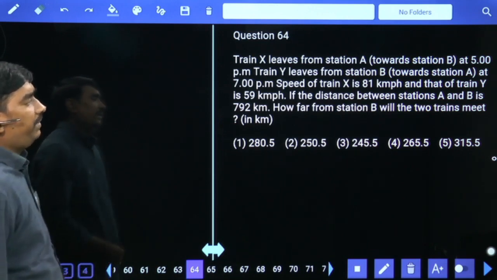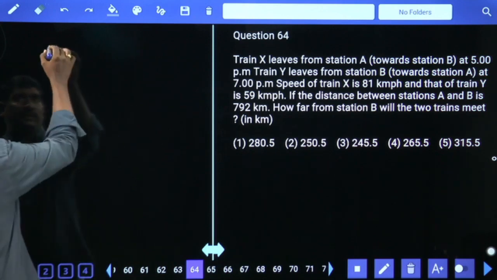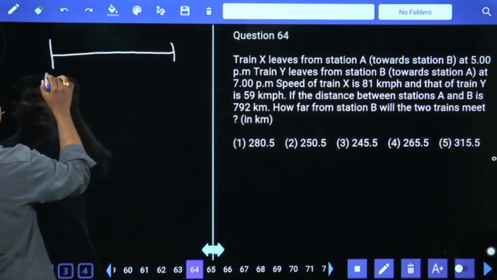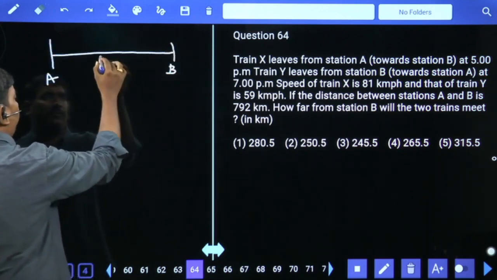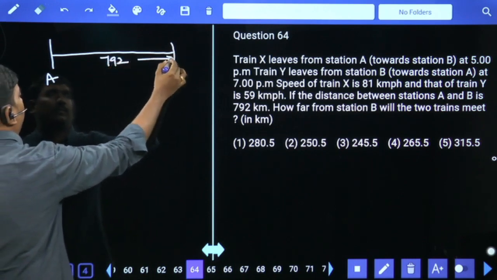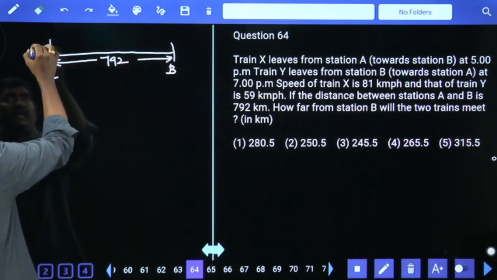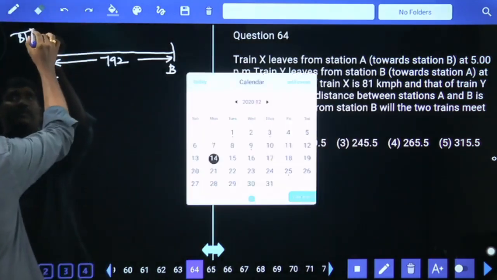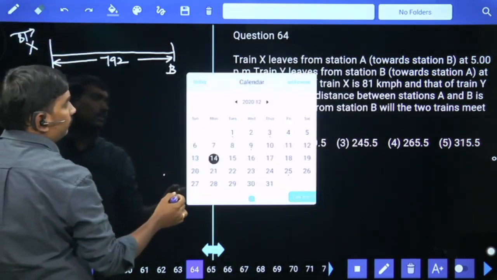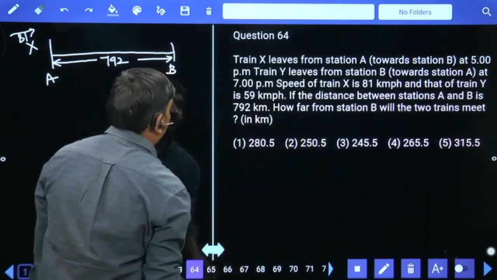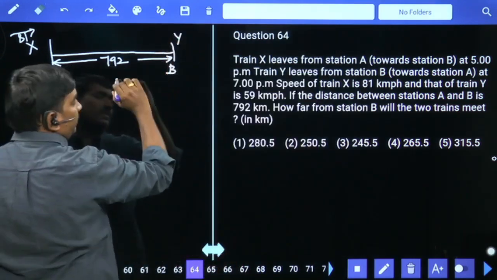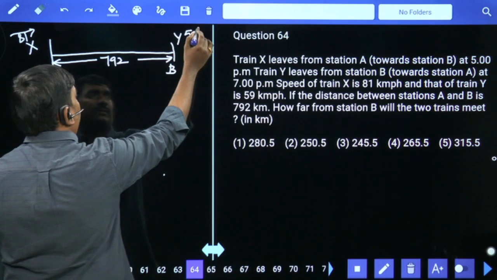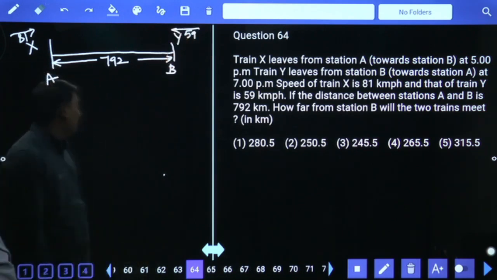If the distance between A and B is 792 km, train X at a speed of 81 kmph, train Y at a speed of 59 kmph, travels in opposite direction.